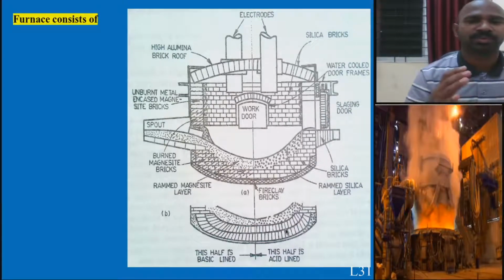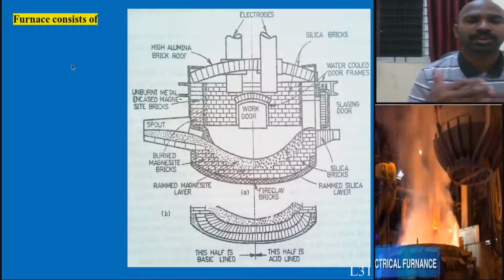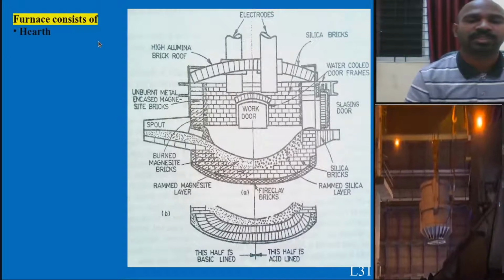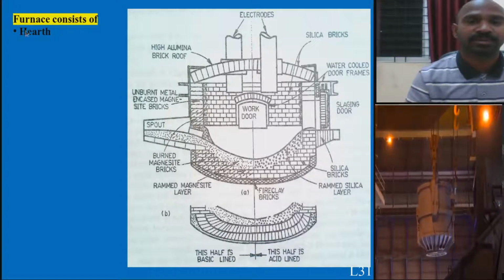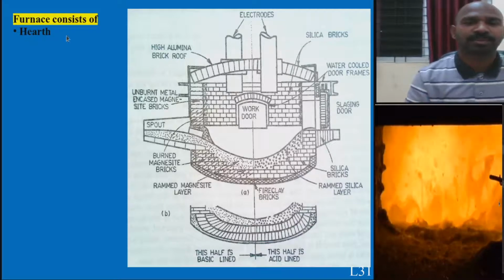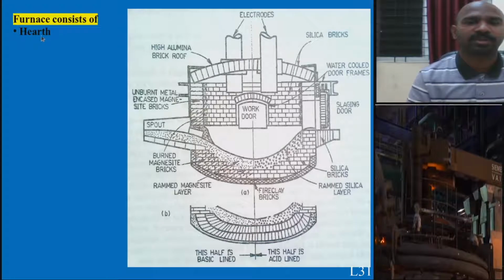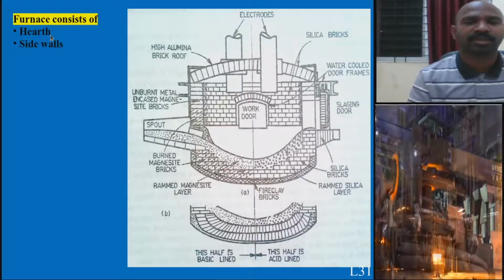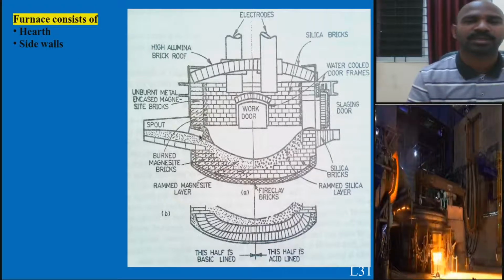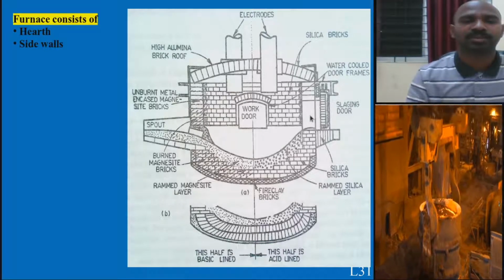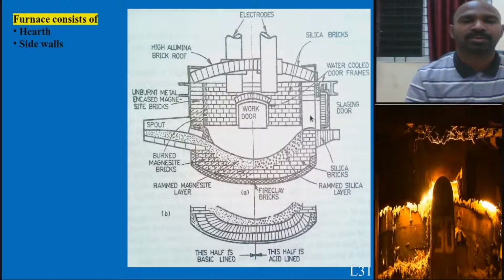Let me give you the design parameters of what this EAF consists of. One is the hearth. If you just remove the H, it is earth, but remember it is the bottom part. Then the side walls: this is one wall, this is another wall, just like in a building, a room has walls.